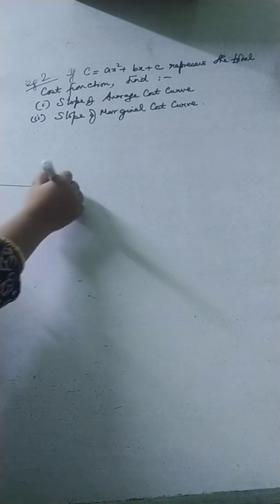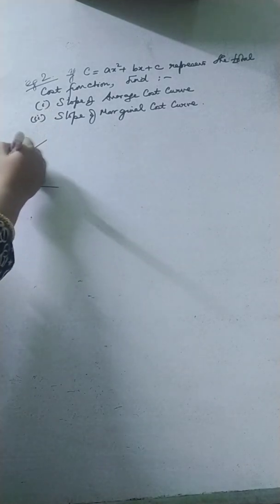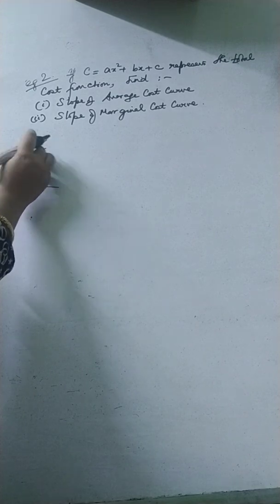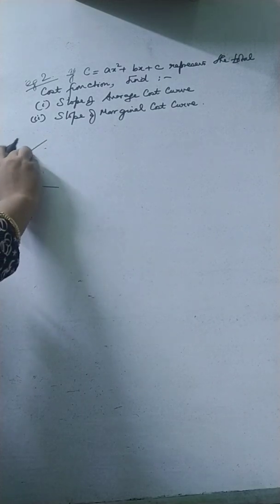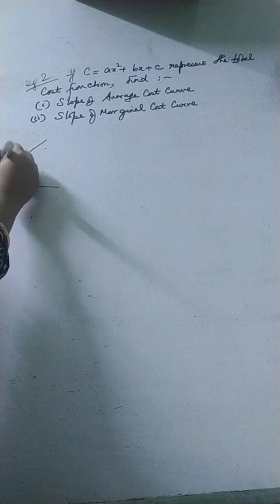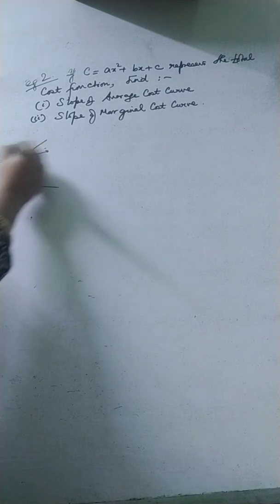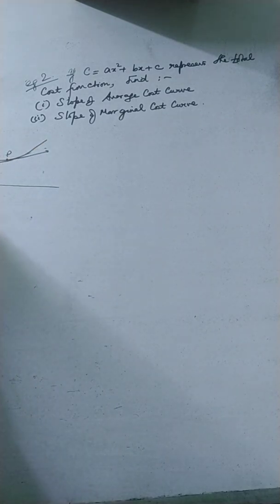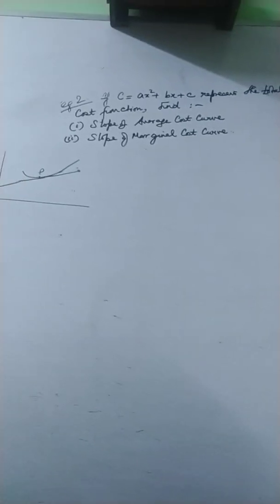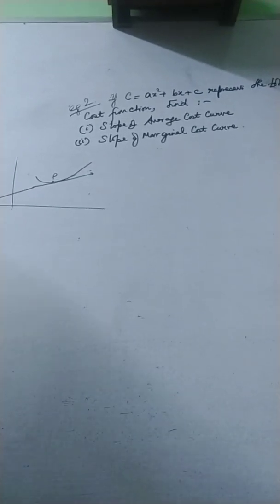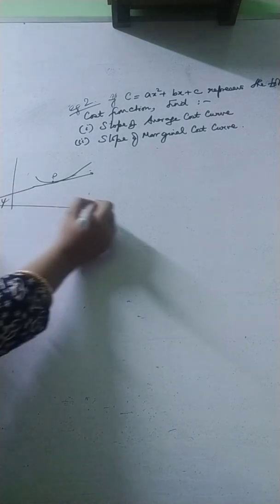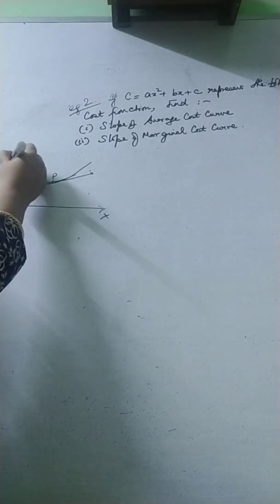I'll draw a rough sketch to help you recall what we discussed. This is the curve, suppose y is equal to f(x), and this is a point P. Suppose the tangent at P, if we draw, makes an angle psi over here with the positive x-axis.